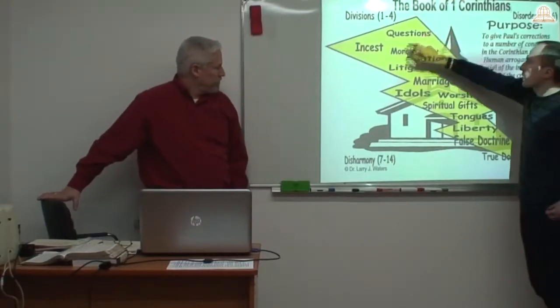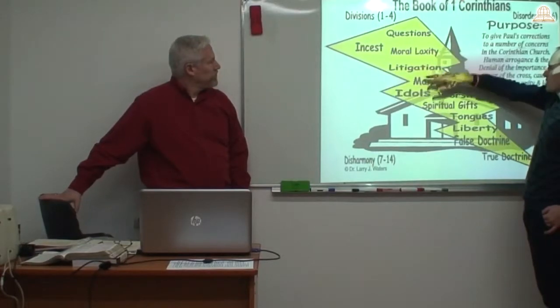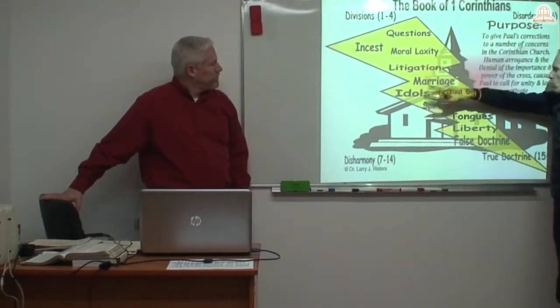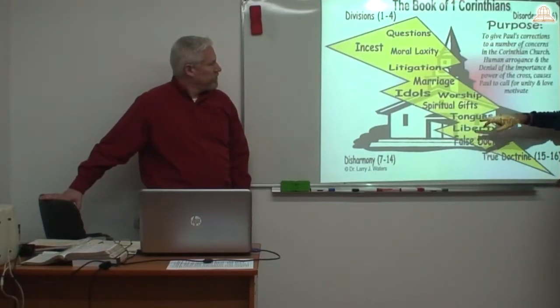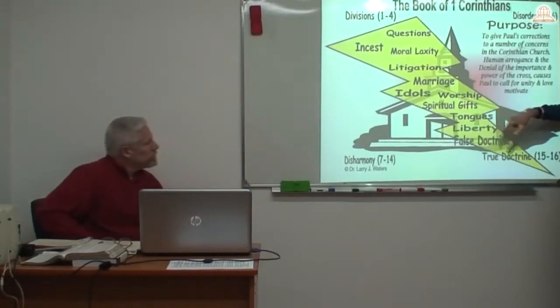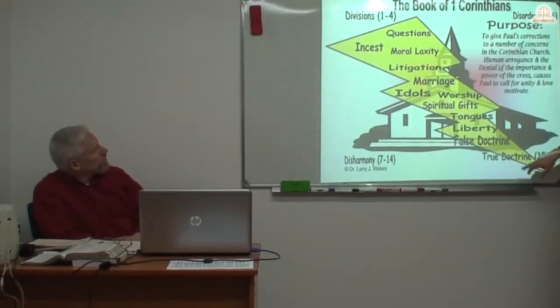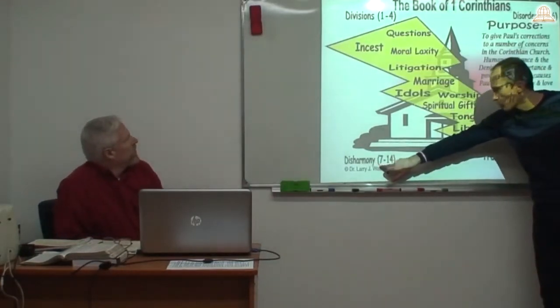То есть вопросы, инцест, моральная распущенность, брак, идолы, поклонение, духовные дары, споры, языки, свобода, ложная доктрина, подлинная доктрина. Yeah, so here's Dr. Larry Waters. Здесь дисгармония, с 7 по 14 главу.